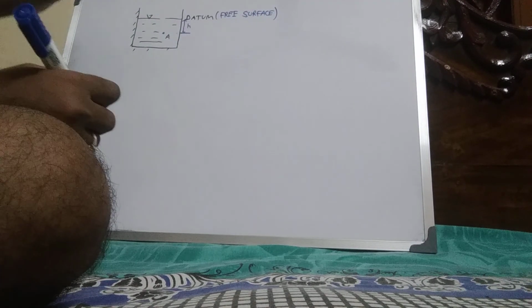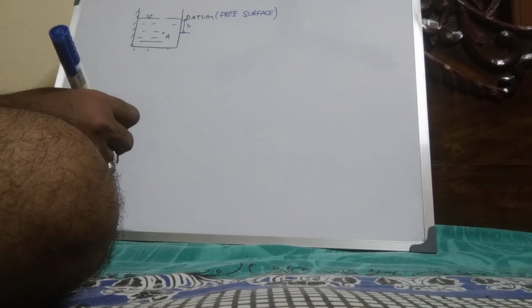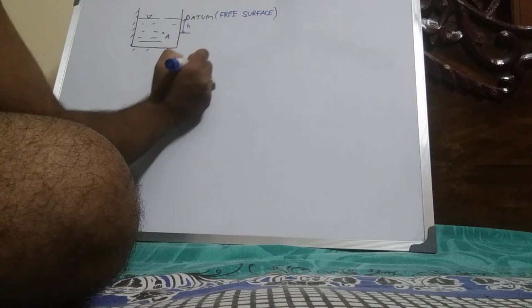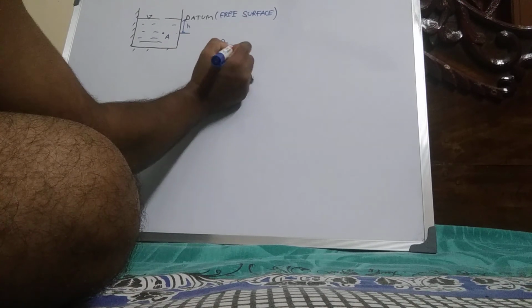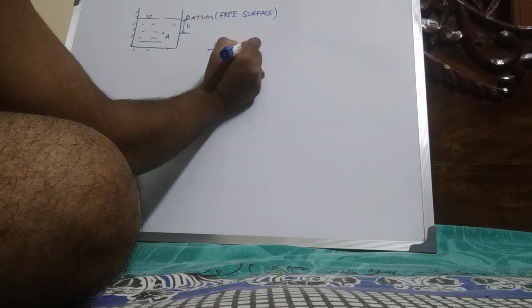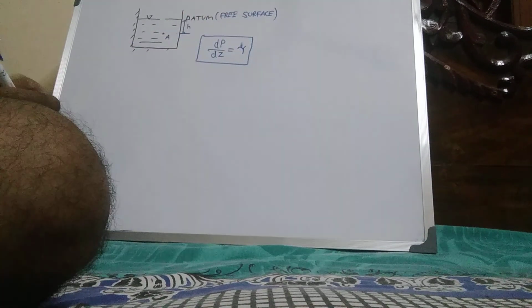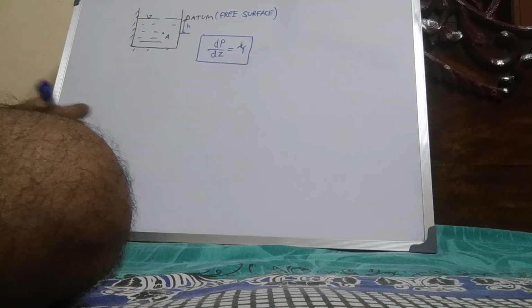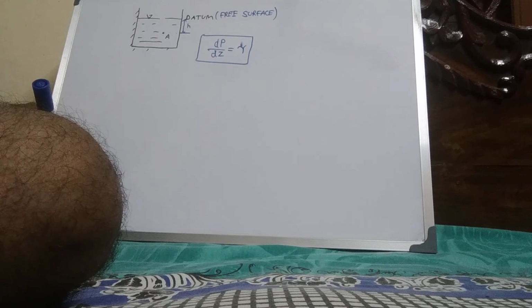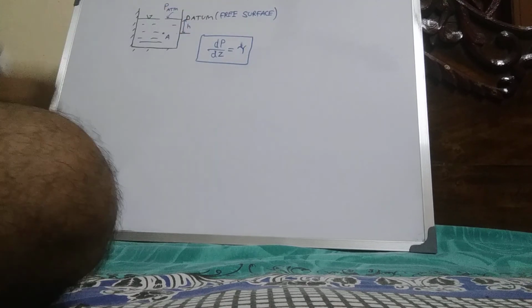We know that dP by dz equals the weight density. At the free surface the pressure is the atmospheric pressure.